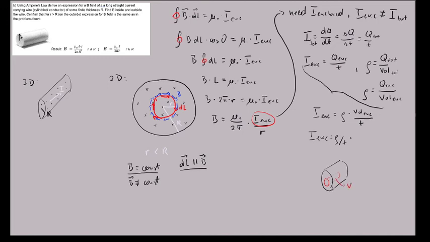This here would be the volume enclosed, and that would be pi r squared times some length L, where this is little r, just like this is big R. And the length is some arbitrary length L of the volume that I take. So let's put this here. This is pi times r squared times the length.